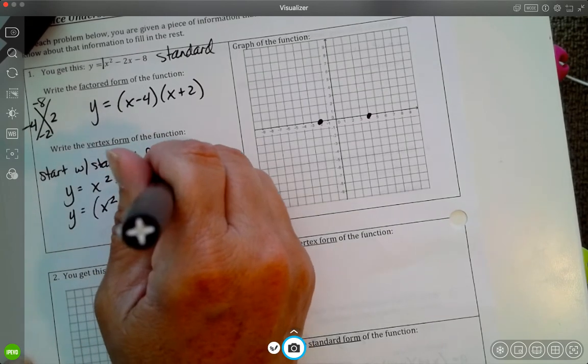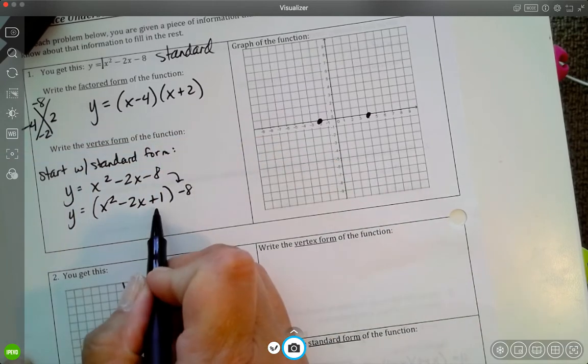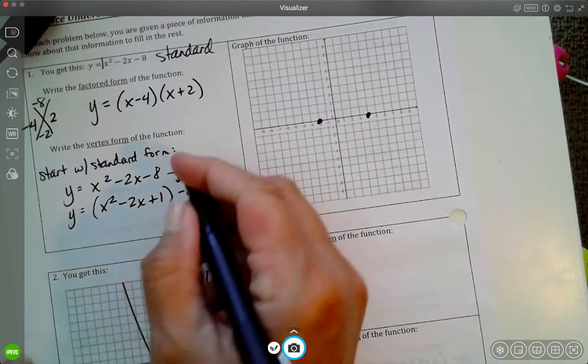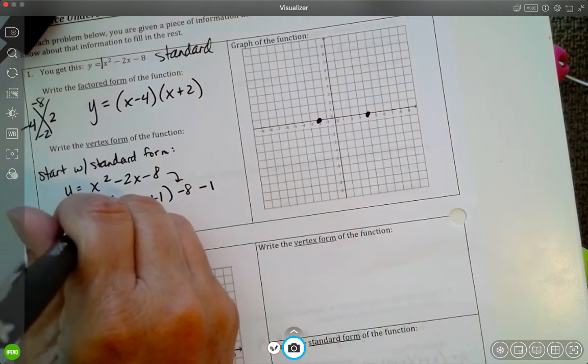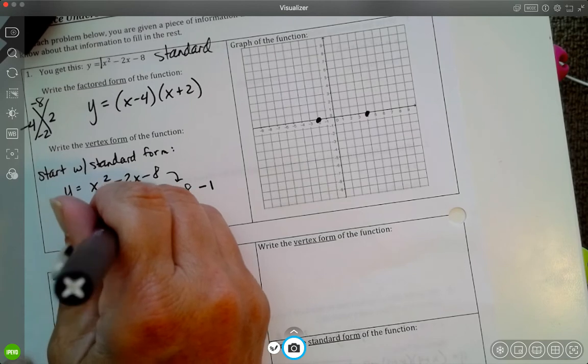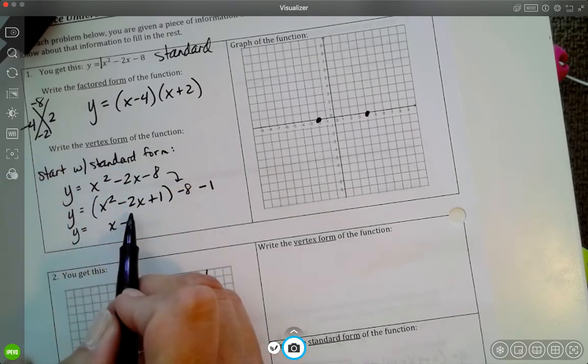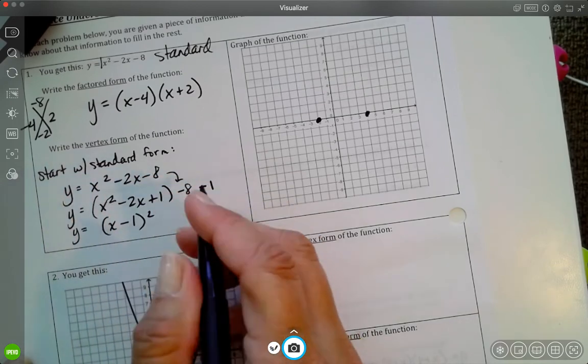And then bring down this -8. Don't forget about that. And subtract the 1 that you added in there. Okay, so what this did was create for us a perfect square trinomial. So I can just do x minus, and it's going to be half of b, 1, quantity squared, and then minus 9.